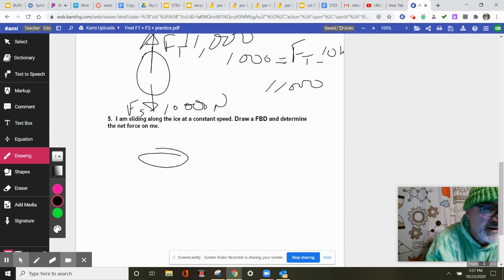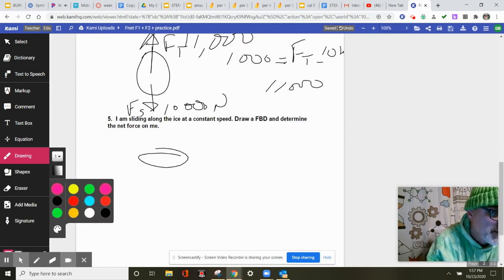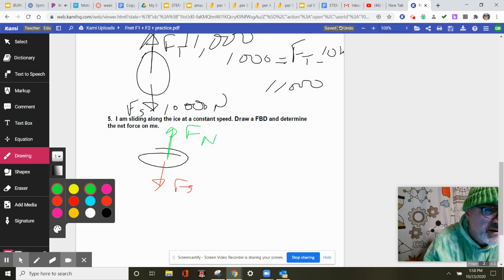Now we have a hockey puck and it's sliding on the ice, free body diagram, force of gravity, normal force, and it's at a constant speed. There is nothing pushing the hockey puck, it's just sliding, or I am sliding. Okay, so I am sliding, so let's just say I'm pushing myself with a pushing force, and there's a force of friction.